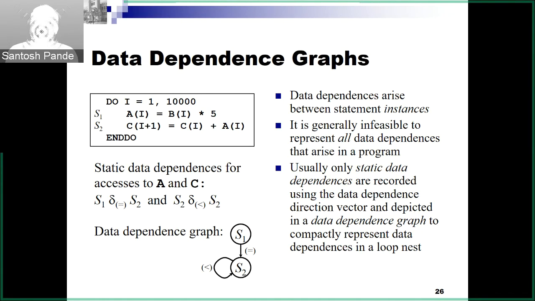However, the dependence from S2 onto itself is, again, a flow dependence from S2 to another instance of S2, of course in the next iteration. But the origination here is a write followed by the read. And so this is a less-than dependence which is being shown there.